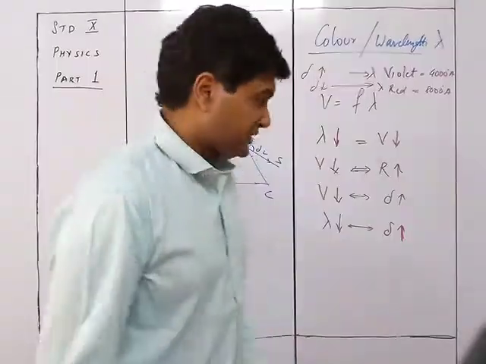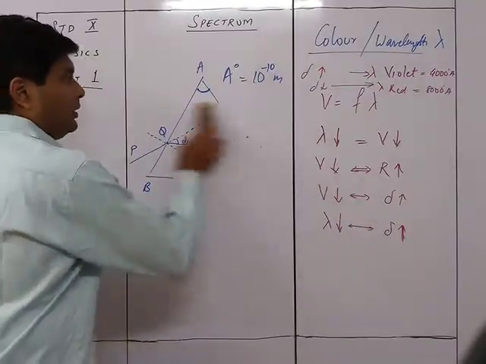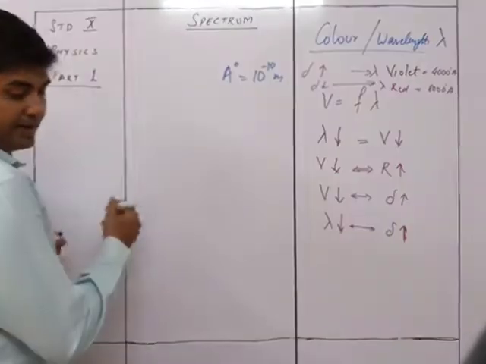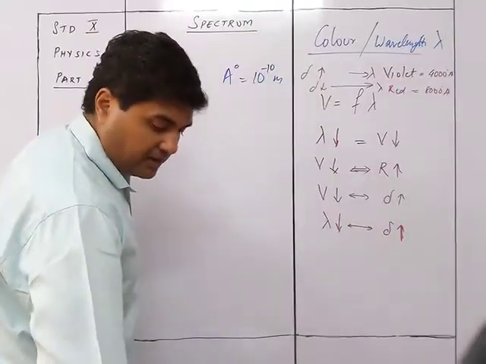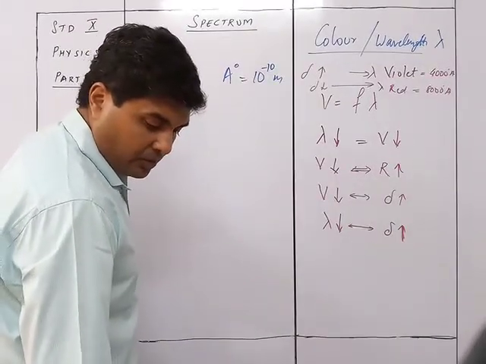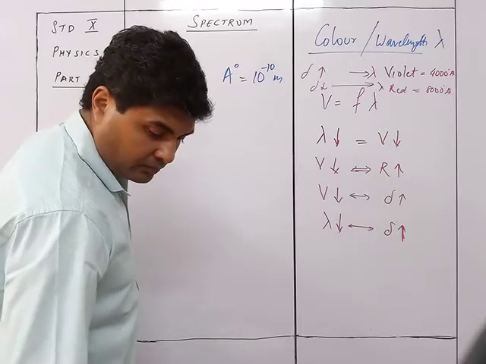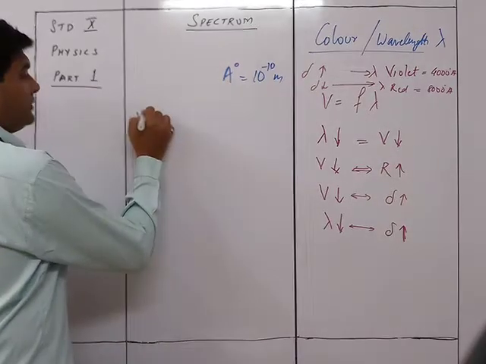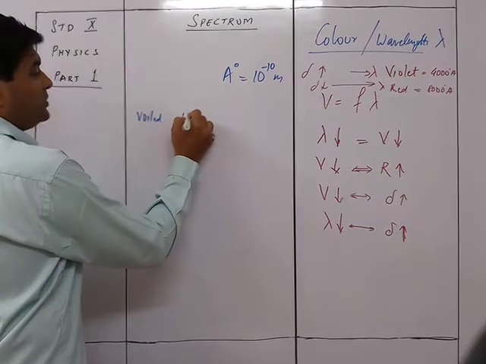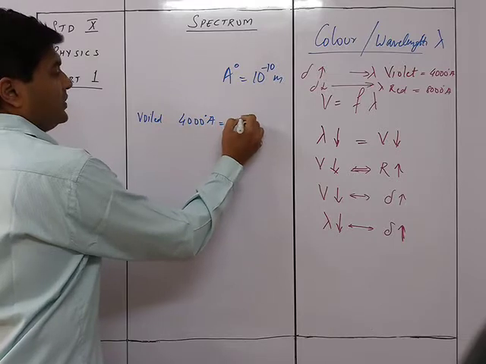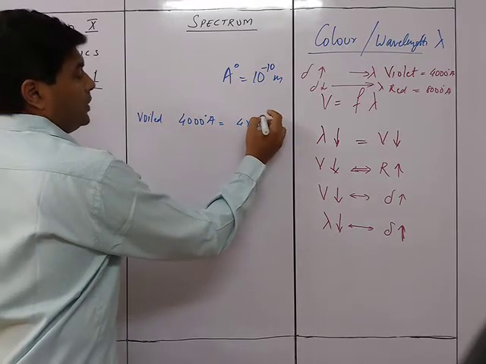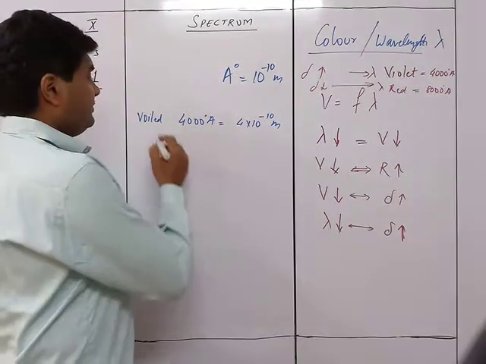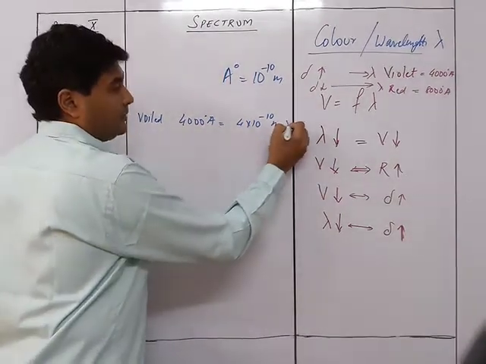Okay, you can see this. I'll take the violet color. Violet is 4000 Angstrom, which is 4 into 10 raised to minus 7 meters, and this is the wavelength.